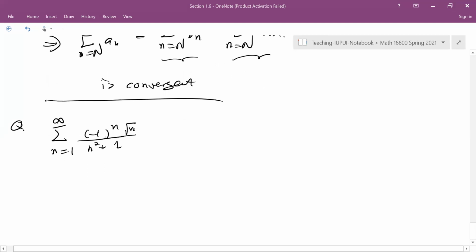What is the best way to solve this problem? If you're given this problem, think about it.